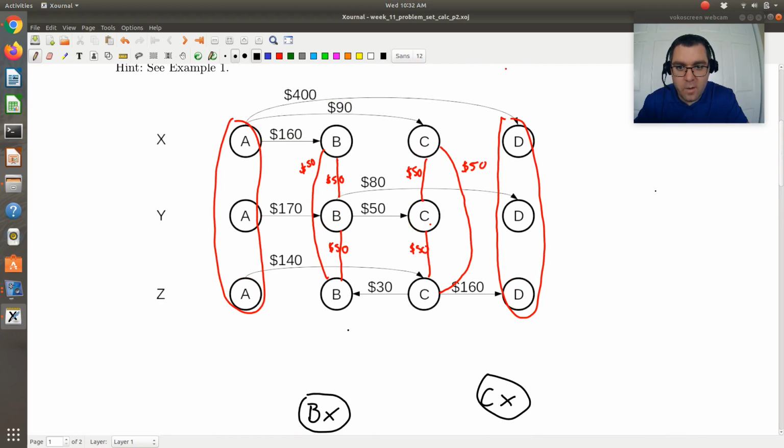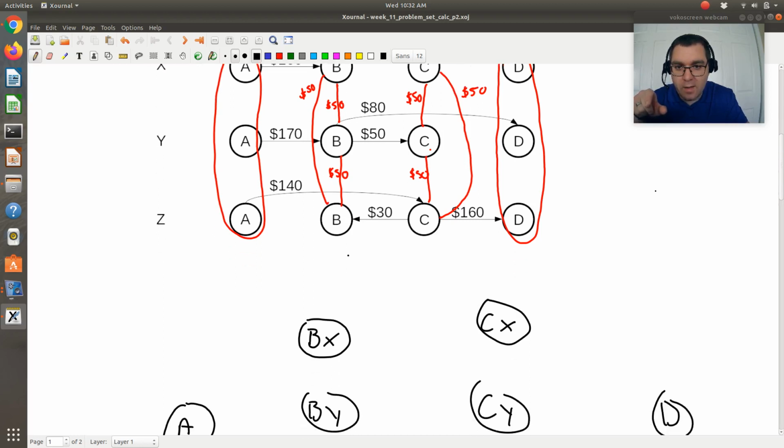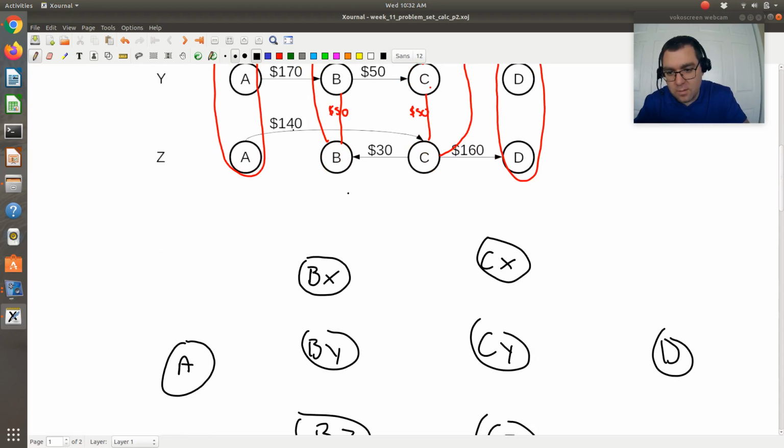All right, so let's go through this again. From A, let's look at all of our flights. From A, I can go to B on airline X, and that cost is $160. So I can go from A to B, that's 160.